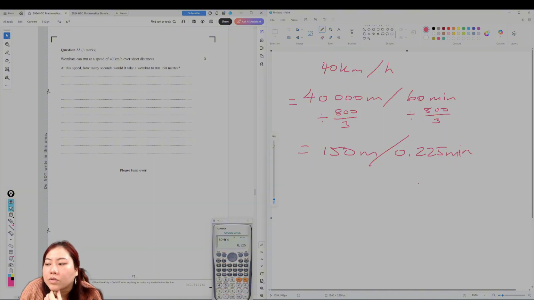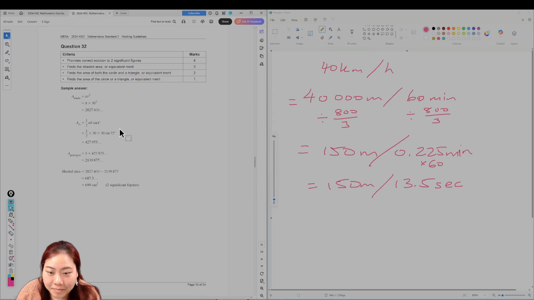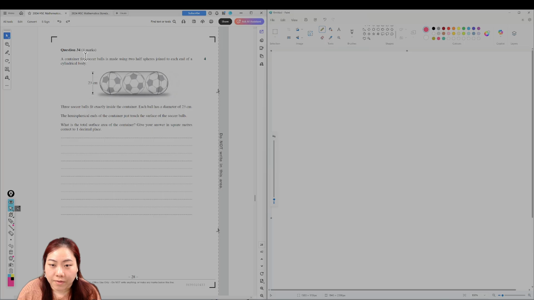What is 0.225 minutes in seconds? It's 0.225 times 60. 13.5 seconds. I hope you followed that. Okay, let's see if I'm right. Yes, 13.5 seconds.